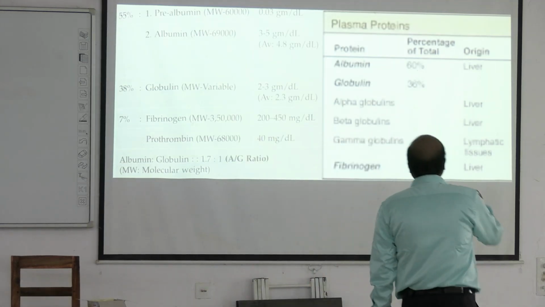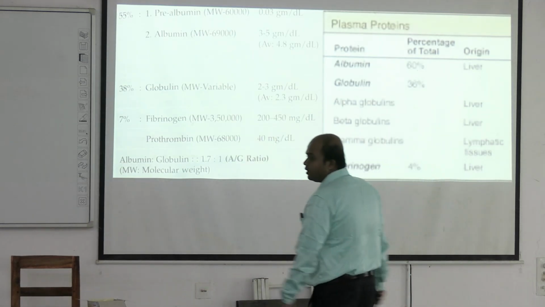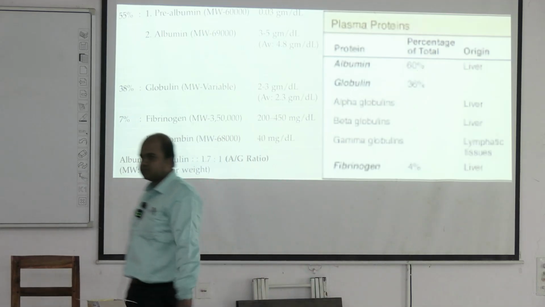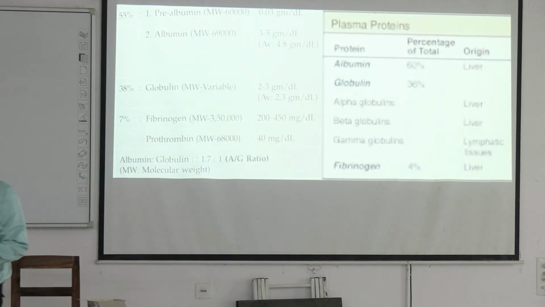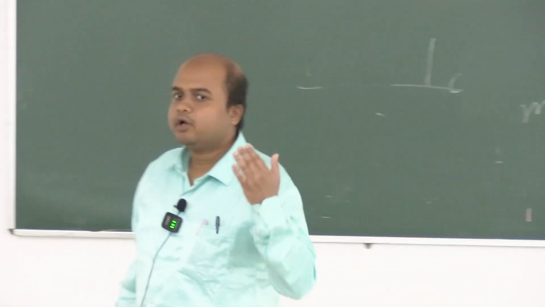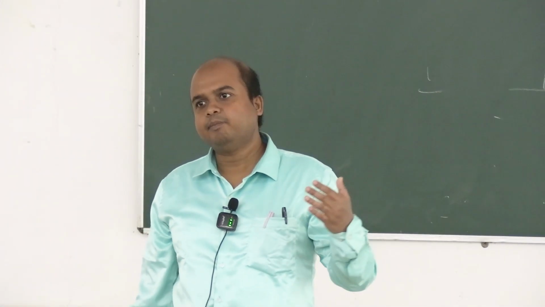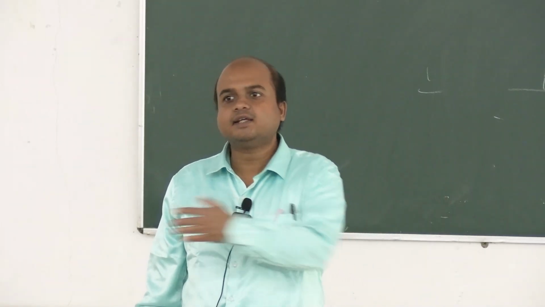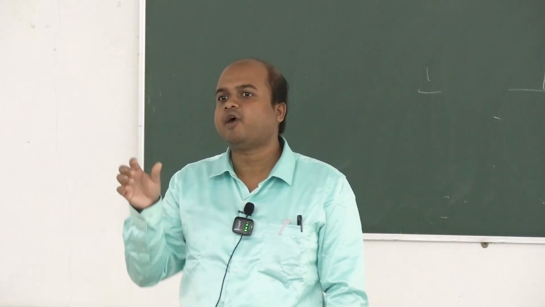So there are over 300 plasma proteins, and these are the major ones. Globulins are named on the basis of electrophoretic properties, that is, their dispersion when electrophoresis is done. There are various areas in medical science where classification is made on the basis of alpha, beta, gamma.